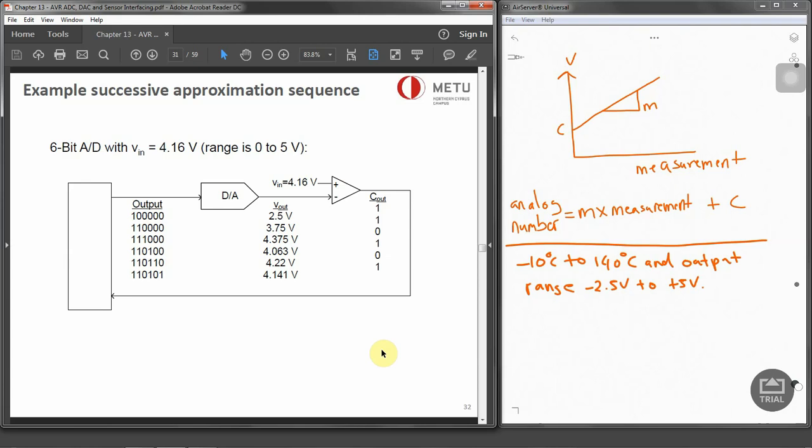It says if connected to an 8-bit analog to digital converter, find offset, span, step size in both voltage and degrees Celsius.